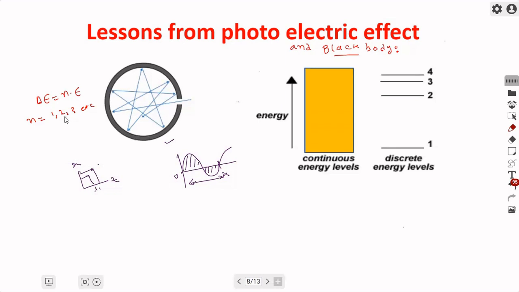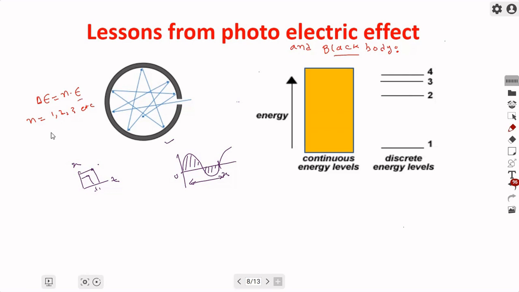Only this integer value of n poses a restriction on the energy exchange in the black body, because then energy cannot be absorbed or emitted in any amount. It has to be a whole number multiple of this small quantity called E, right? So what is this E?